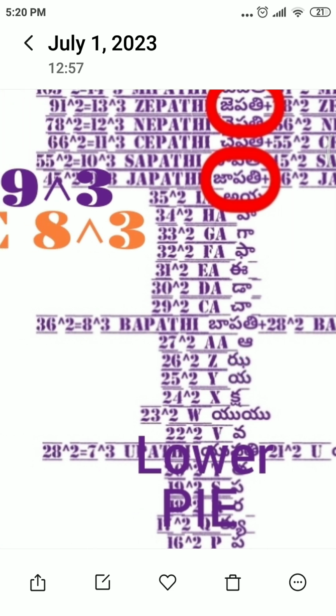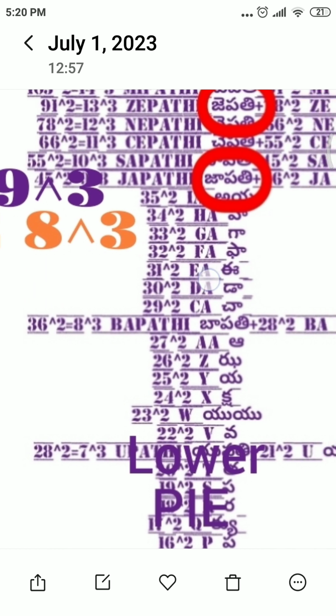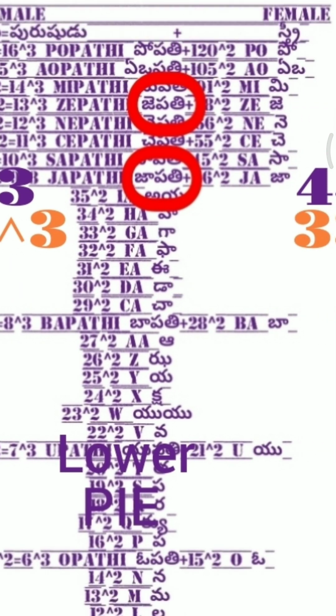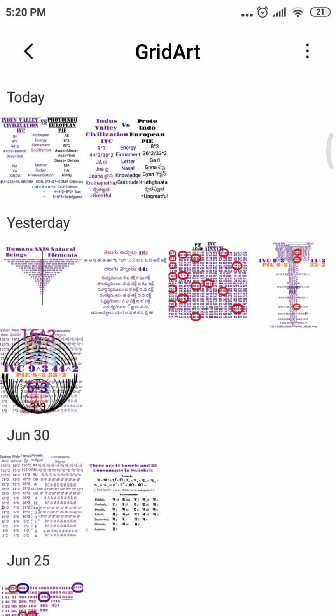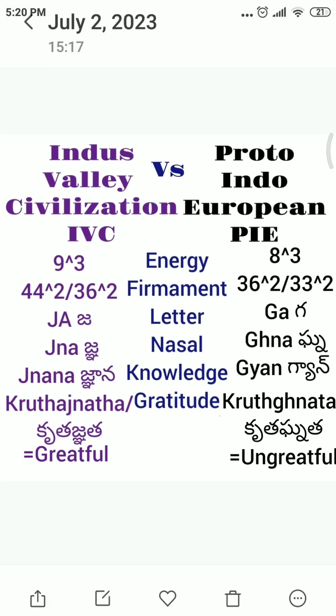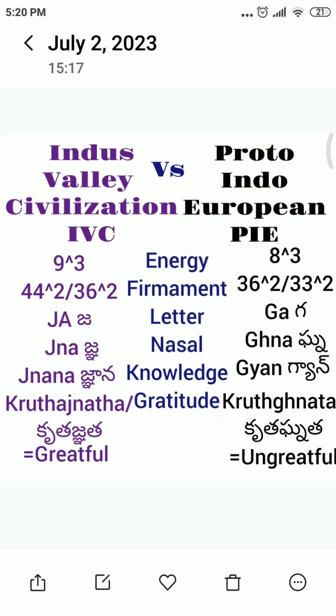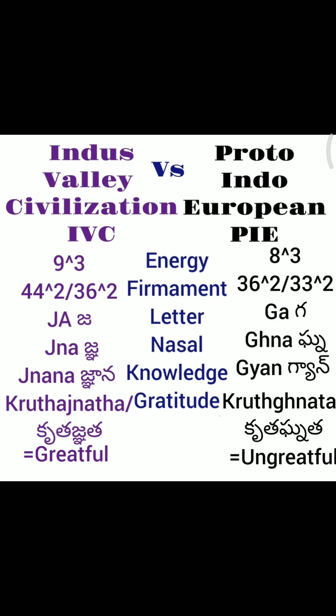And the other differences, though there is a very small difference here, with this being Ga, this being Ja, that has far serious implications on the whole culture. The division between Indus Valley civilization and Proto-Indo-European civilization comes out very vividly as a difference between Ja and Ga, the letters Ja and Ga.